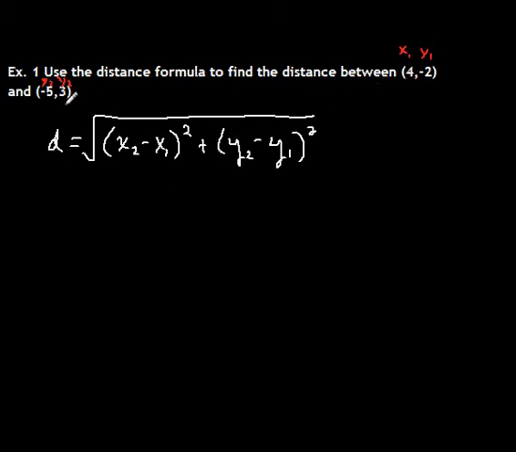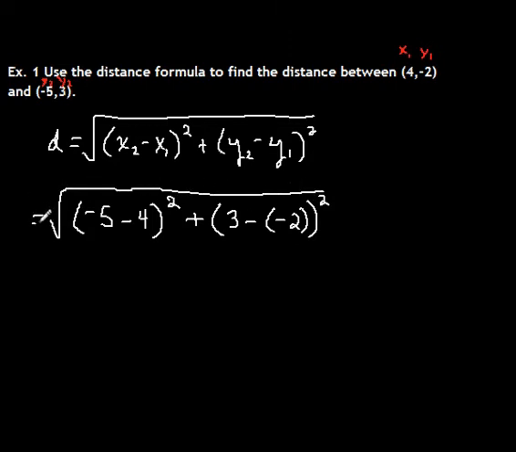So our x2 would be negative 5 minus 4, quantity squared, plus y2 is 3, minus a negative 2, be careful with those, squared, and then you take the square root of it.